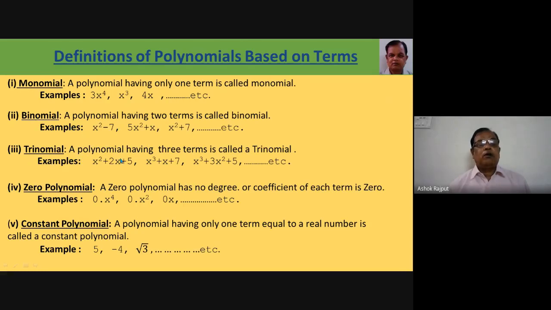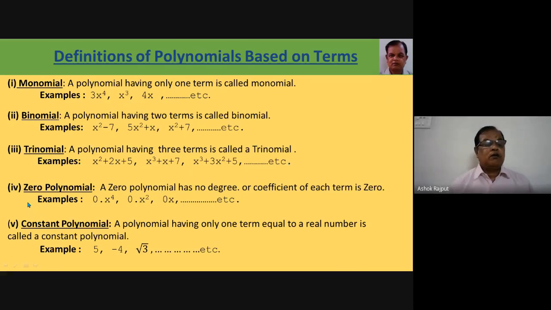Trinomial: a polynomial having three terms is called a trinomial. Here the terms should be three. We see in the examples x square plus 2x plus 5, x cube plus x plus 7, x cube plus 3x square plus 5, et cetera.